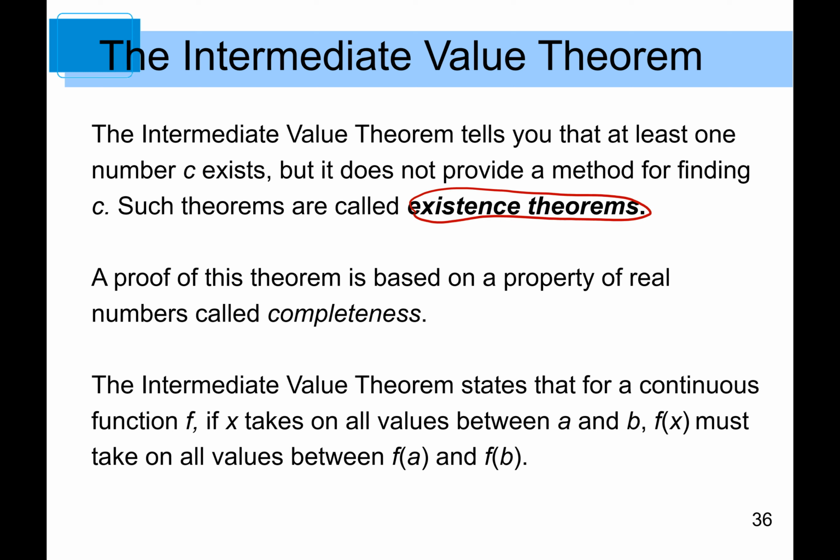It only proves that such a point exists, but we don't know how to find it under this theorem. The proof of the theorem is based on a property of real numbers called completeness. The intermediate value theorem states that for a continuous function f of x, if x takes on all values between a and b, then f of x must take on all values between f of a and f of b.